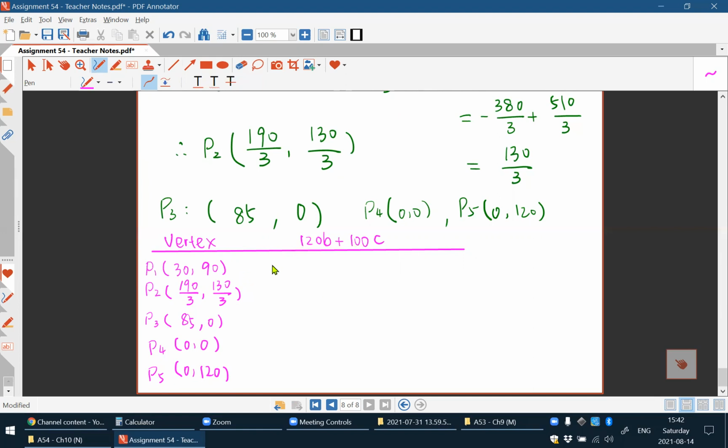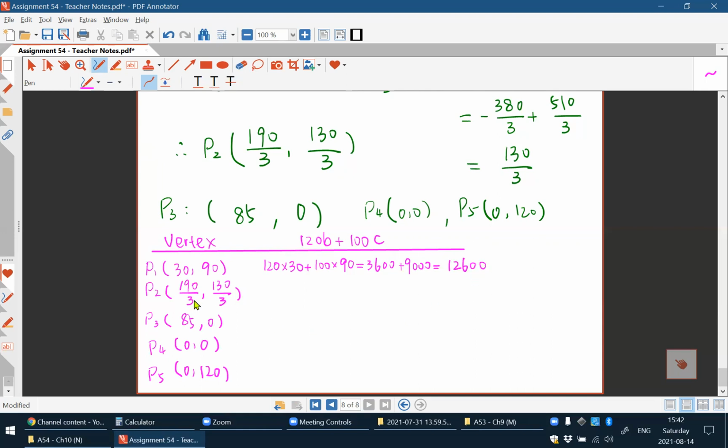So at P1, the target function is 120 times 30 plus 100 times 90, which is 3600 plus 9000, which is 12600.